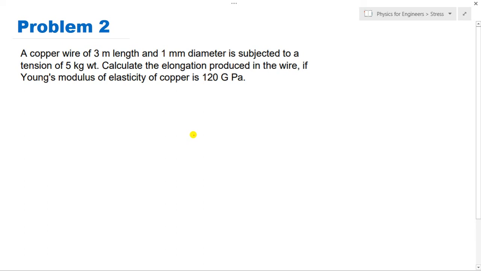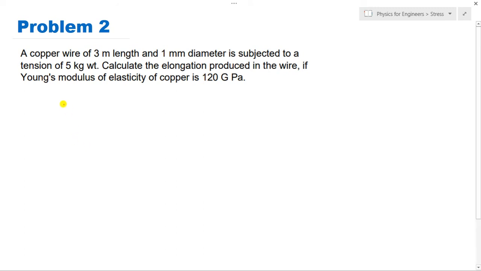Here we have a copper wire of 3 meter length and 1 mm diameter subjected to a tension of 5 kg weight. Calculate the elongation produced in the wire if Young's modulus of elasticity of copper is 120 gigapascal.